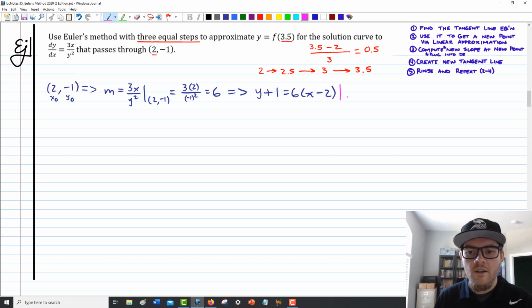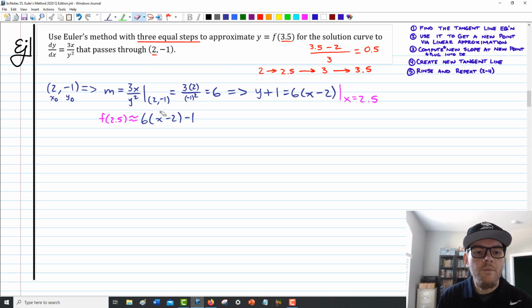From here, we want to take our tangent line and evaluate it at our first x value, which is going to be 2.5. So we're going to evaluate this at 2.5. When we do, that's going to give us our f value. So f of 2.5 is going to be 6 times the quantity x minus 2, minus 1.